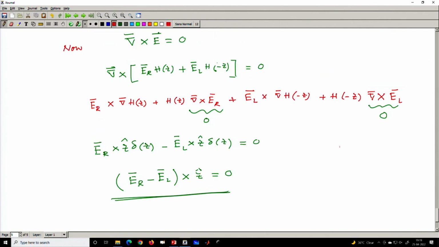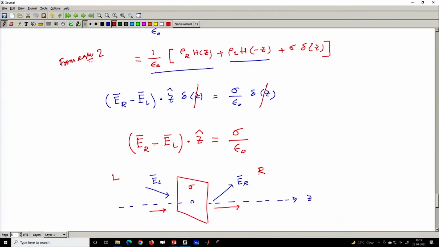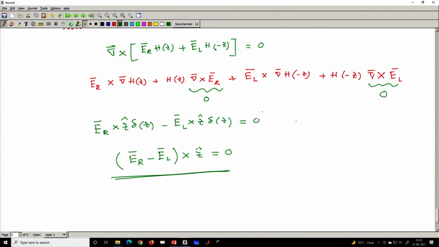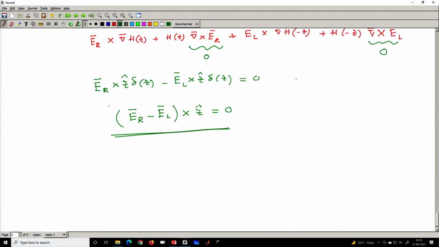The first matching condition is saying that E minus L dot Z is sigma divided by epsilon 0, and my second condition is saying that ER minus EL cross Z is equal to 0.